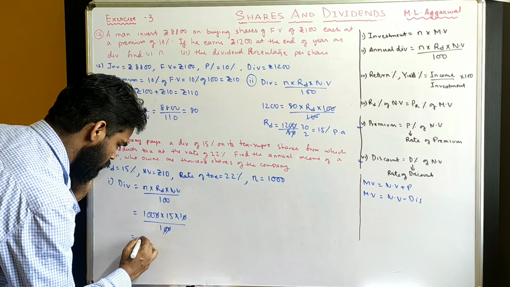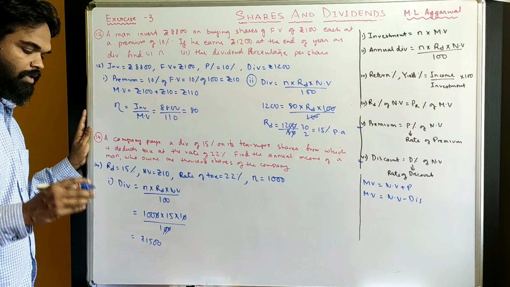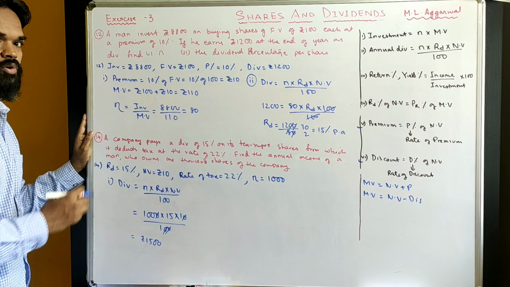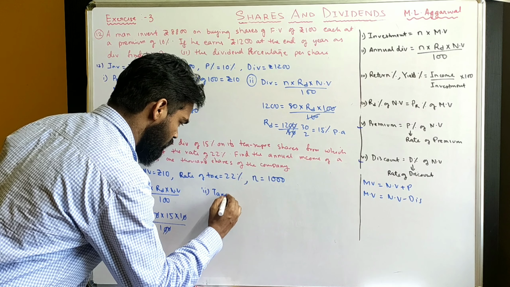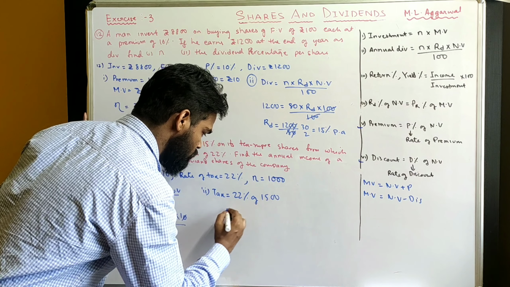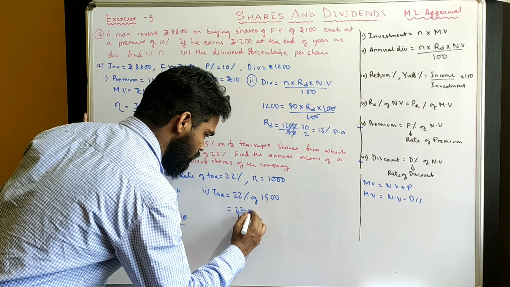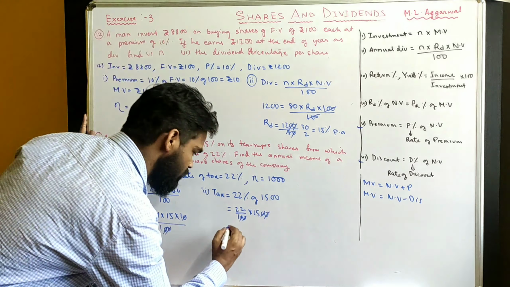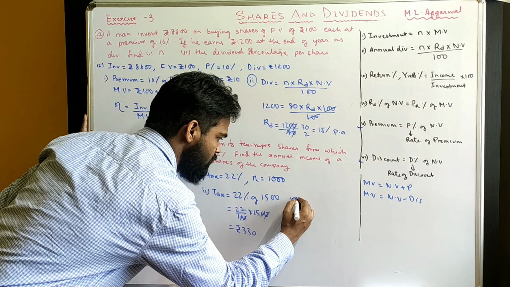So that's rupees 1500. Am I clear? Now on this there will be tax at the rate of 22%. So your tax is 22% of 1500. That's 22 by 100 into 1500. That's rupees 330.